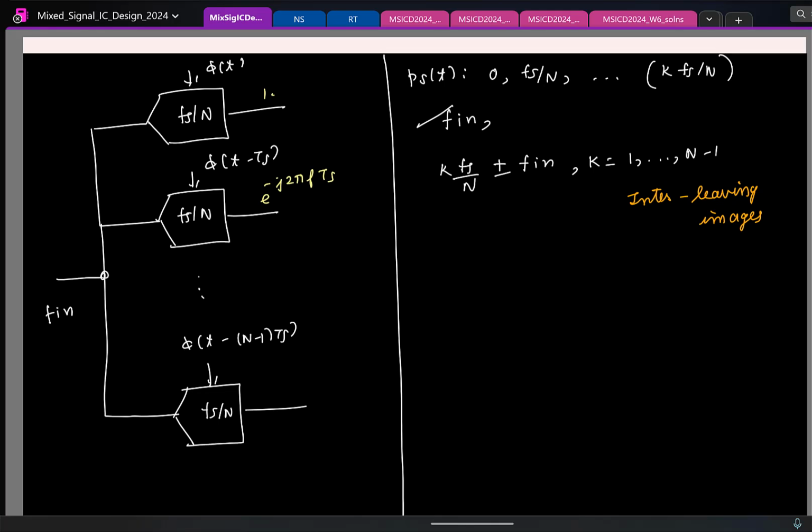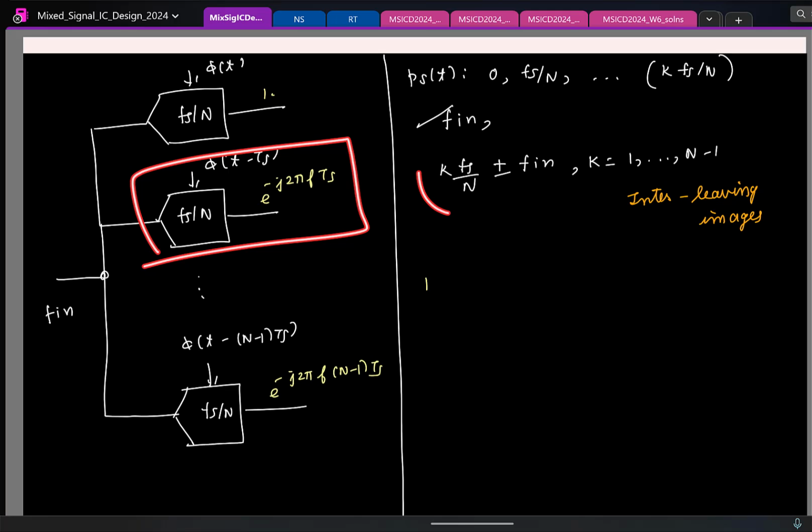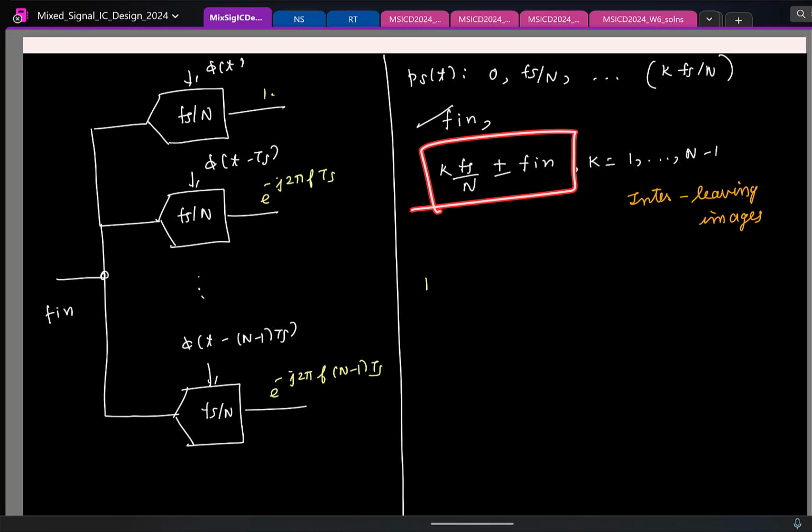Since it's getting delayed in time, in the frequency domain it introduces a phase, and for this it is basically f times n minus 1 Ts. So now let us see how things are getting cancelled here. For the first path, phase is always 0, no confusion. What do you think will be the phase introduced by this path for this image frequency?